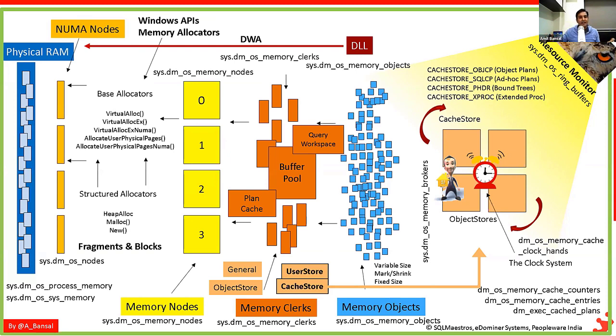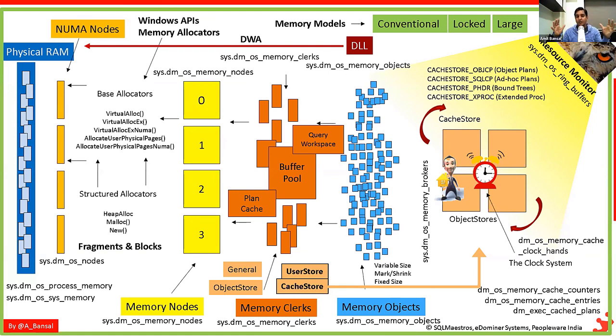And let's say that DLL is asking for memory, that is going to be a direct Windows allocation via the virtual address space. It's not going to be via this architecture of objects, clerks, and nodes. So just to call that out, and in the demo, I will show you a small example of that as well.